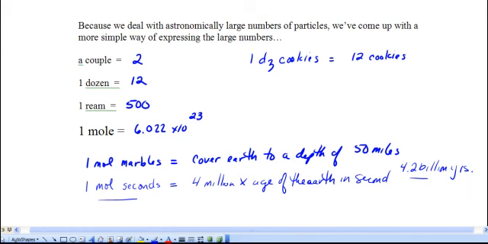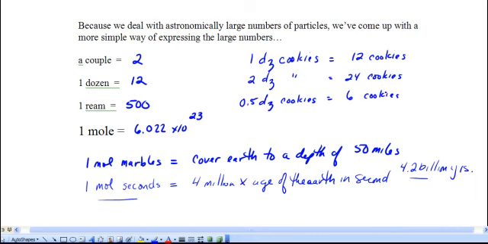You could also buy 2 dozen cookies, and that would equal 24 cookies. Or you could buy a half a dozen cookies or donuts or whatever, and that would equal 6.